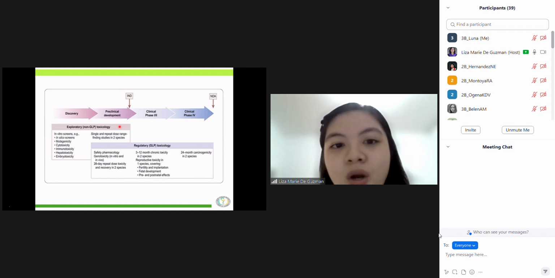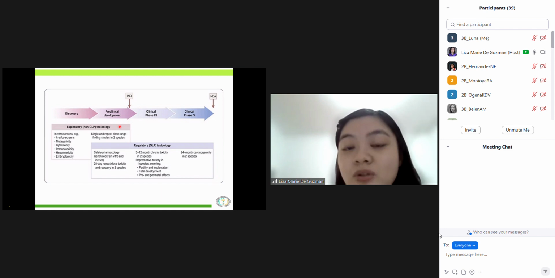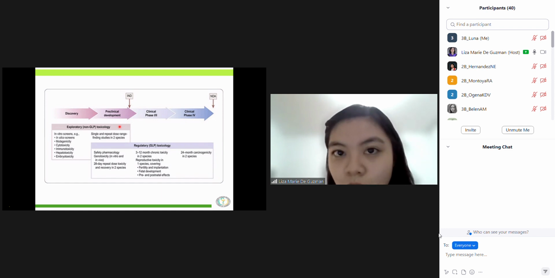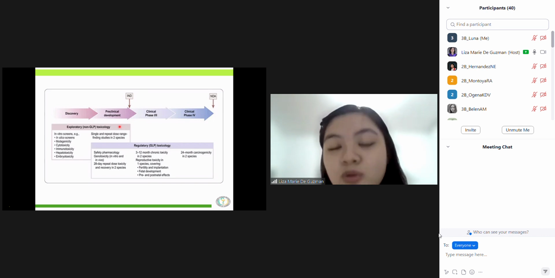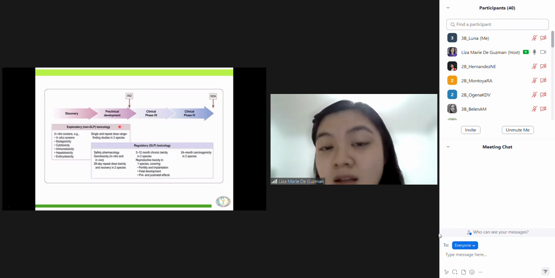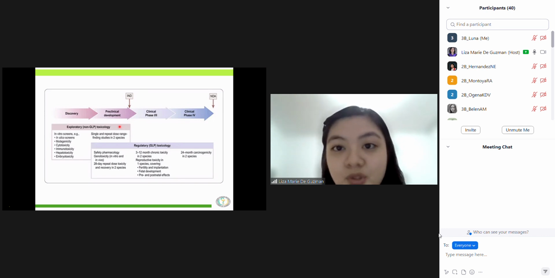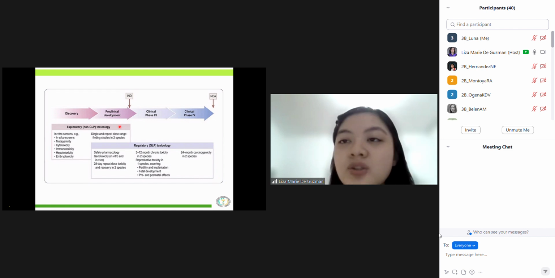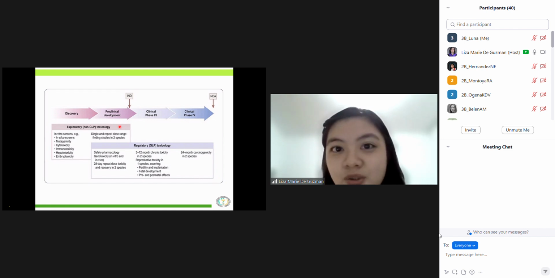By performing preclinical safety and toxicity testing in animals, to be specific, we are trying to estimate the potential adverse effects these drugs can produce when administered to human subjects. So at least we know which toxicities to monitor. That's why we perform preclinical safety and toxicity testing in animals.